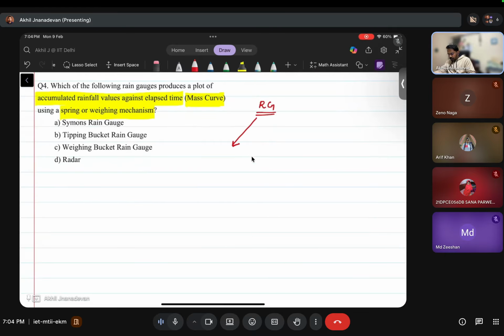I'll briefly go through this. One is non-recording type, so from the name itself it is clear. And recording type. So non-recording type means we are not getting automatic measurements.